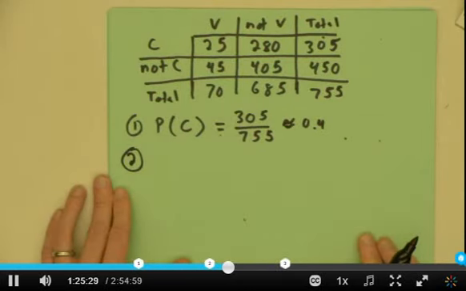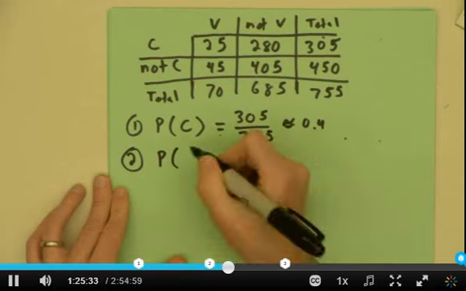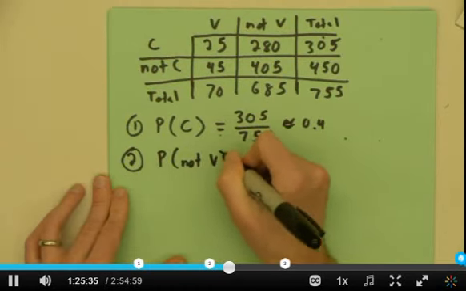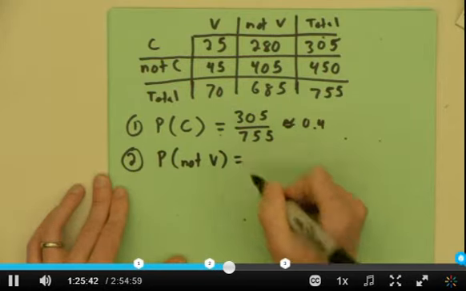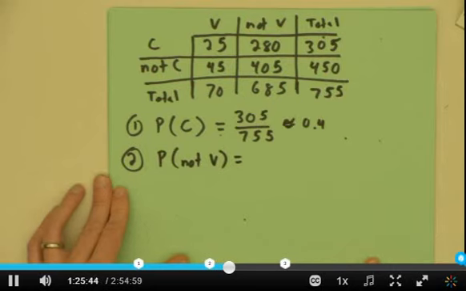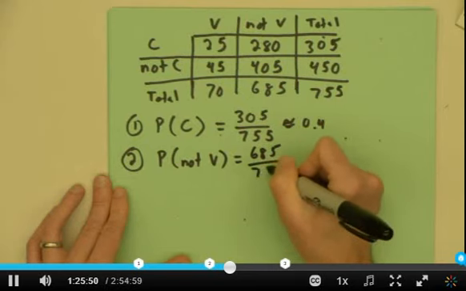Second question. What's the probability that the driver had no speeding violation? By the way, we also might write that as V complement. What would that be? 685 out of 755.